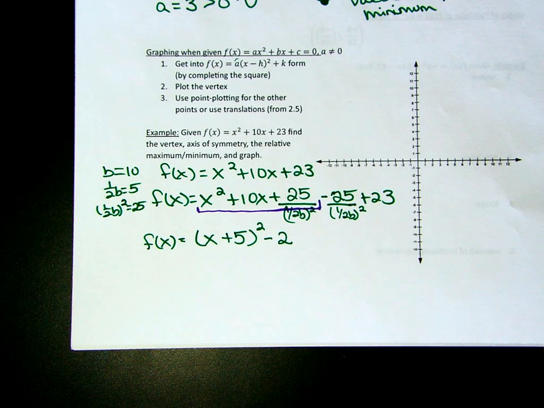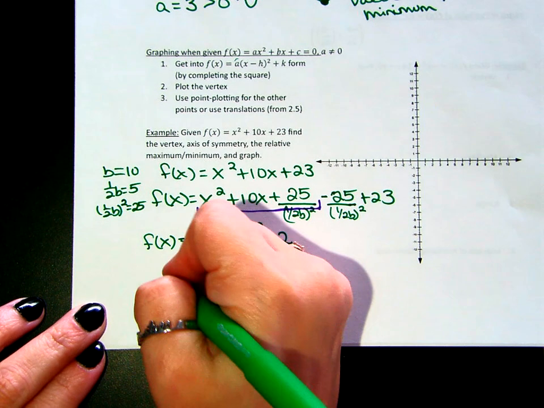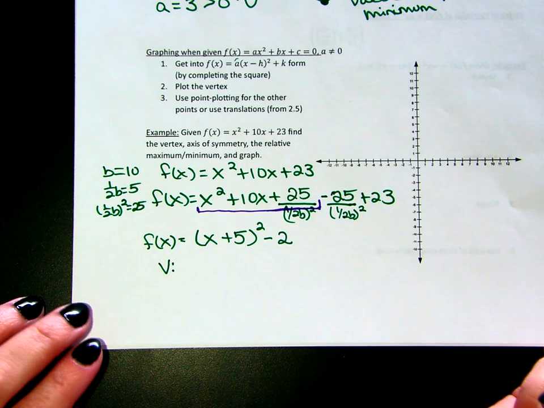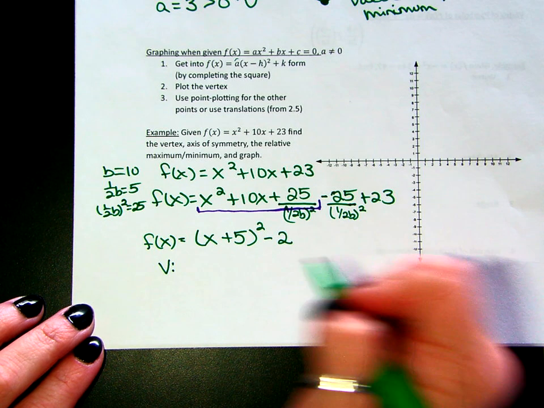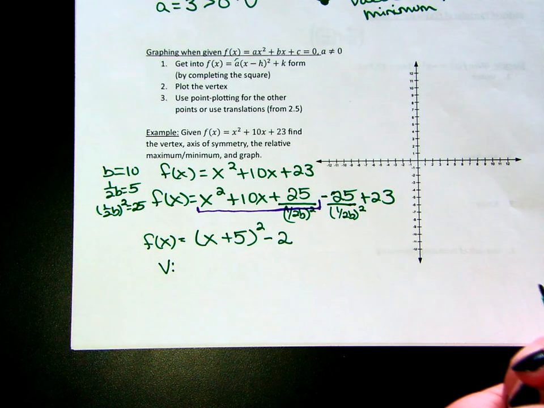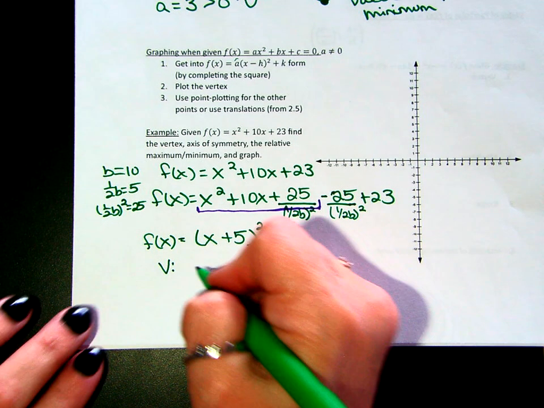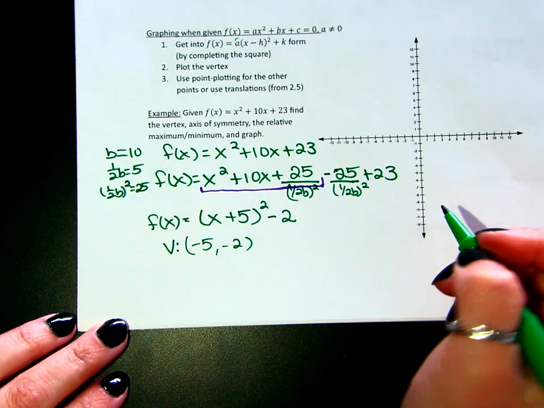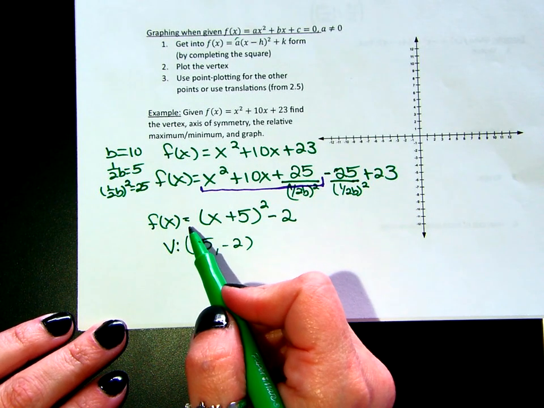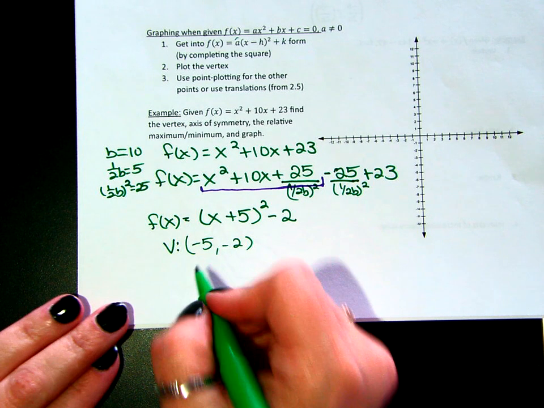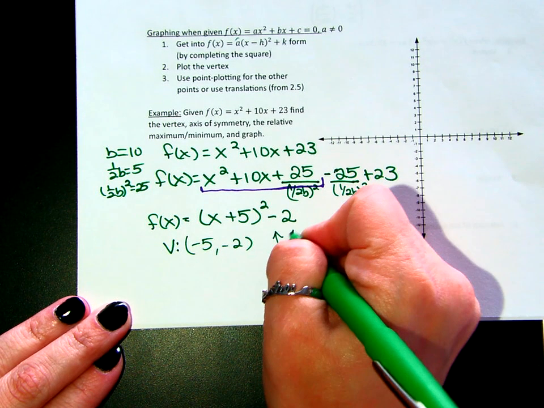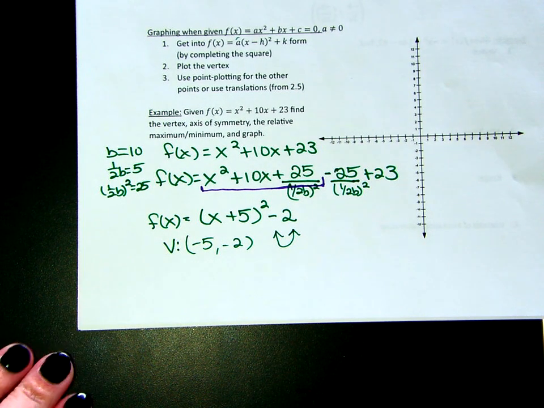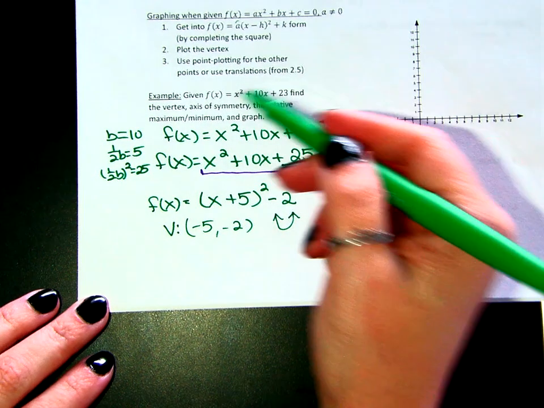So if I'm going from here, what would be my vertex? -5, -2. Yep. -5, -2. And then since there's no a written out here, you can consider that to be a 1, which is positive, which means my parabola is going to open upward. I do need to find, because it's asking me for all the things, my axis of symmetry.